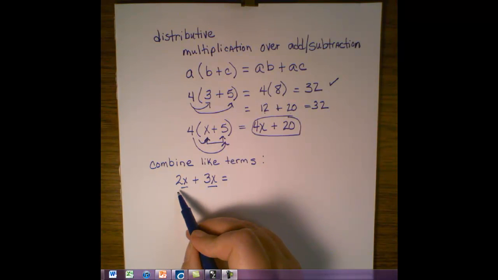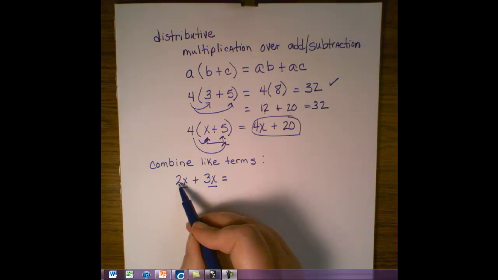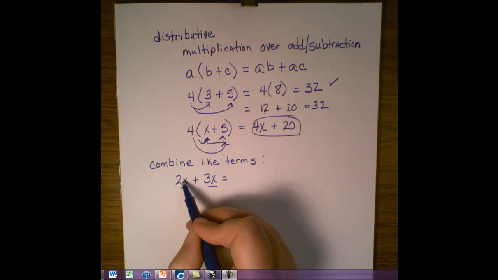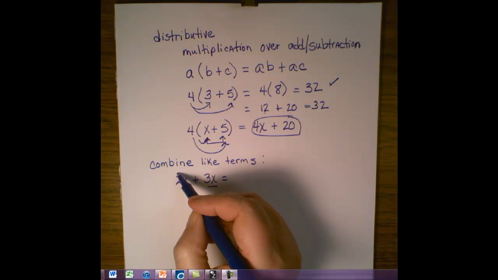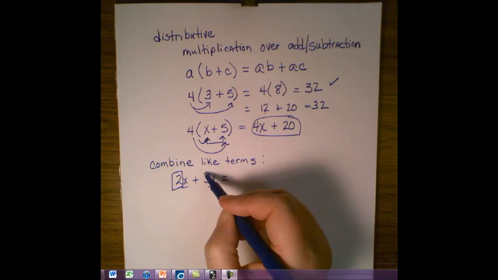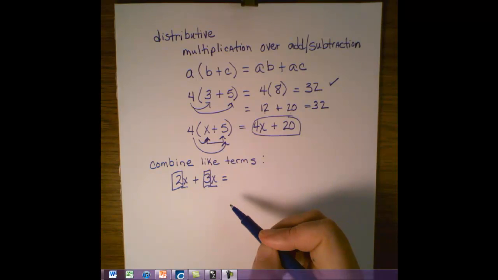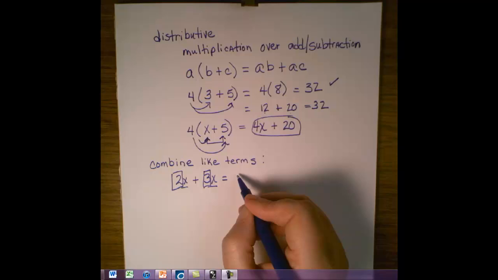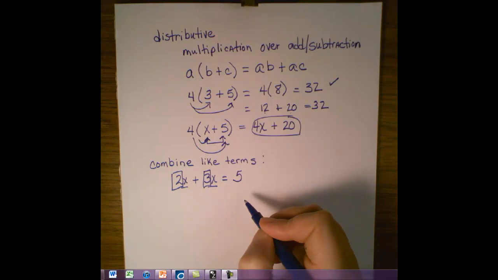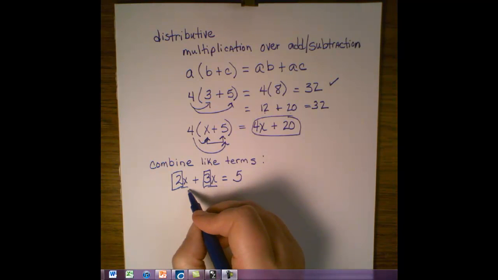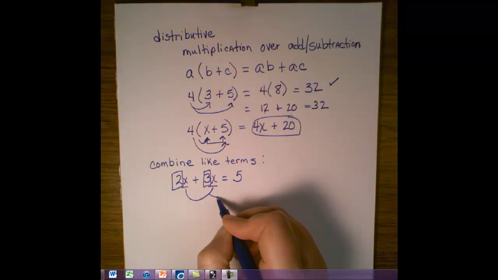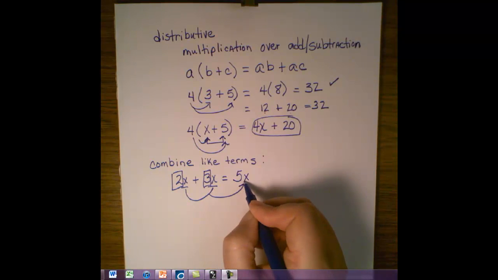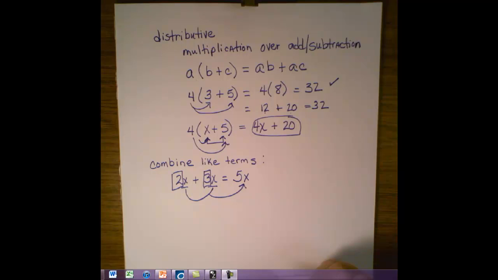And the hows of this one is that we're simply going to add the numerical parts. Remember, we talked about the numerical coefficients. That's this part right here and this part right there. And we're going to say 2 plus 3, and 2 plus 3 gives me 5, and then we keep the x, and that's combining the like terms.